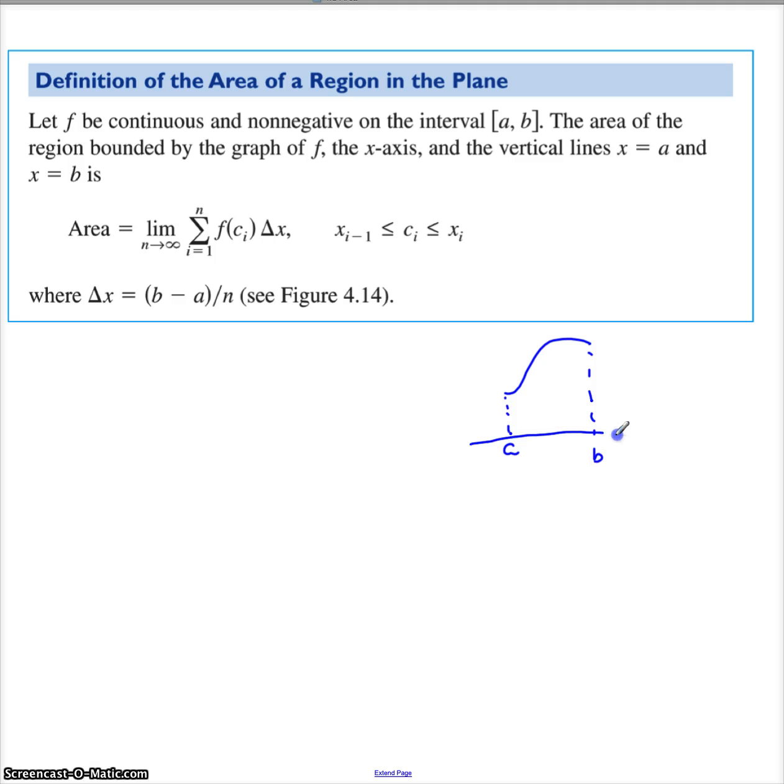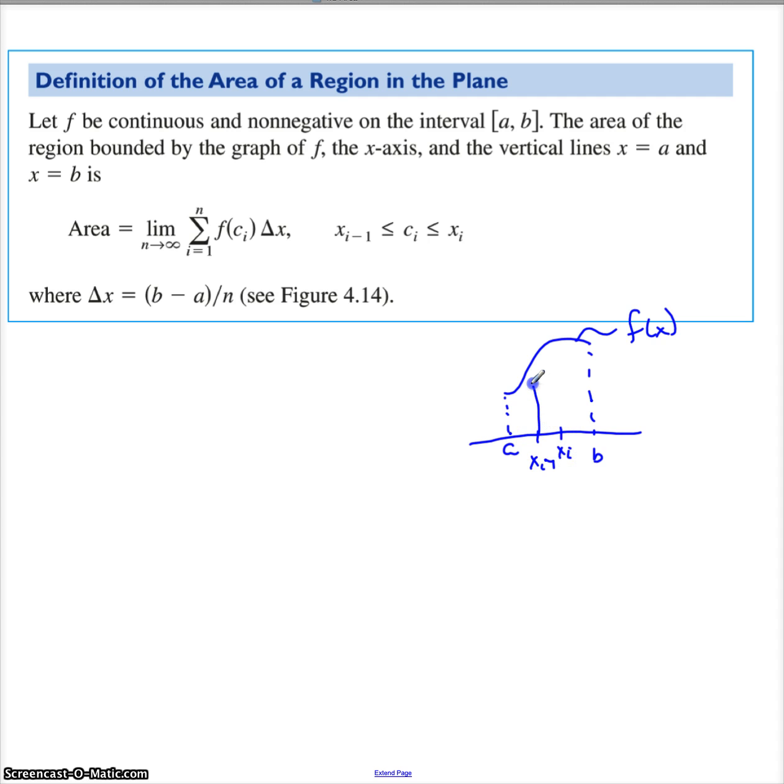Here's my x-axis. The area of the region bounded by the graph of f of x, the x-axis and the vertical lines a and b is the limit as n approaches infinity of the summation as i goes from 1 to n of f of c sub i times delta x, where c sub i is between x sub i minus 1 and x sub i.